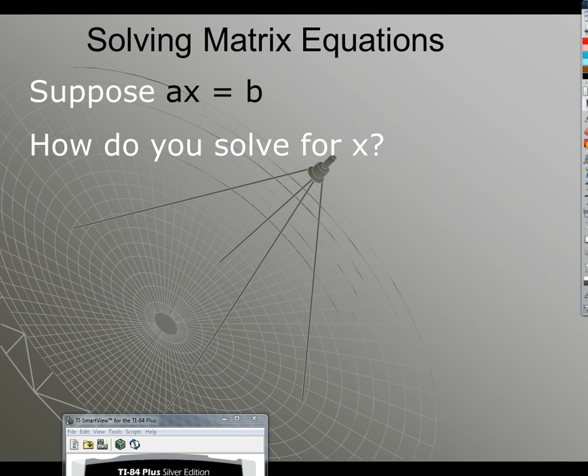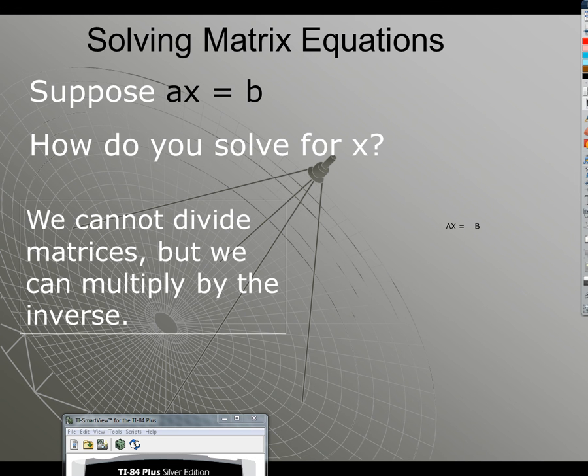So that's all we have to do. If I have a matrix equation that looks like that, I just have to do the matrix equivalent of dividing by a. Now you can't technically divide matrices. That doesn't work. But what we can do, we said that dividing by something is the very same thing as multiplying by its inverse, right? So that's what we can do. We can multiply by the inverse of matrix A to effectively divide it away, because my goal is to get that A off of the left side, right?